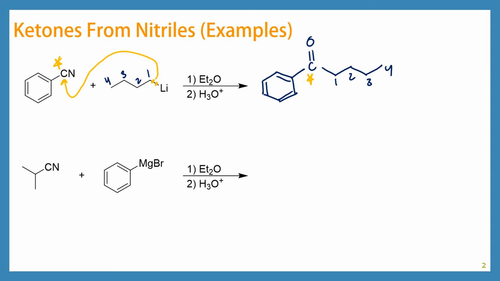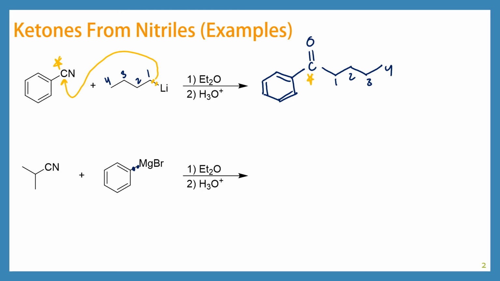Now we can do the same thing with the other one, because this is a very, very similar idea. All that's different here is that the aromatic group is part of the organometallic reagent rather than part of the nitrile, but the process is still the same.